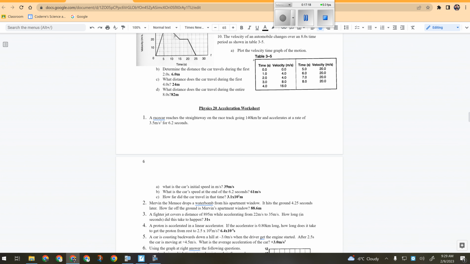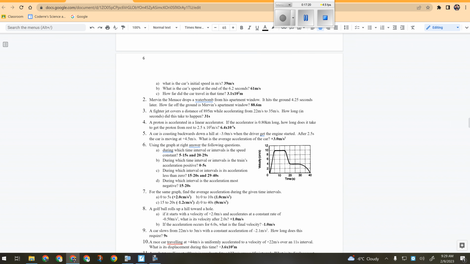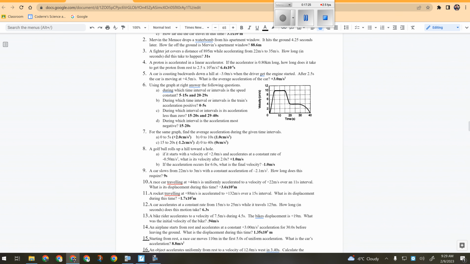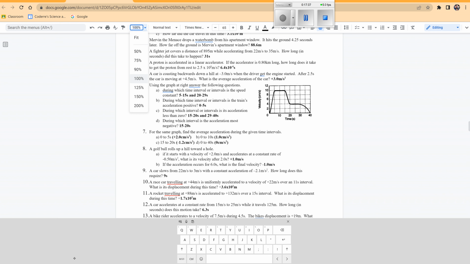Actually, let's just skip number 1 because I don't like how that one's worded and I keep meaning to change it. So on page 6, starting with question number 2, there's a bunch of acceleration problems there. The big thing is to figure out which formula you have to use. That's usually the most challenging part of the question because the rest of it's just algebra. And if there are any that give us trouble, we can go through them together.